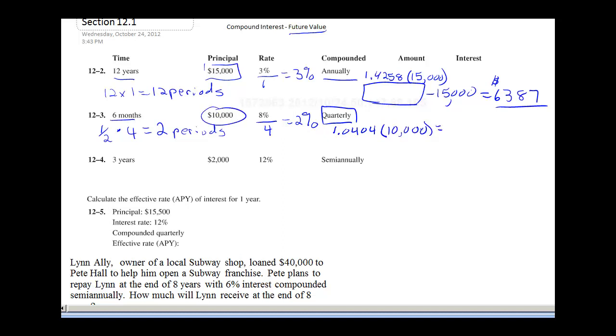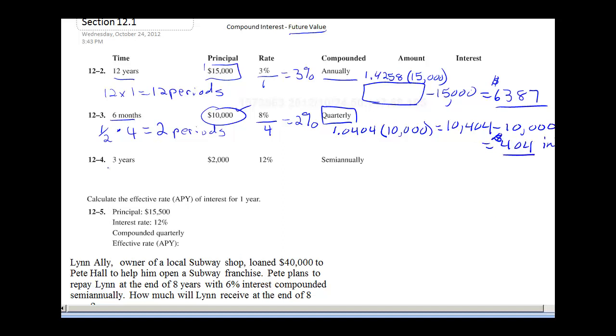And we find out that we'll end up with, at the end of 6 months, a total of $10,404. And since we originally invested $10,000, if we subtract that from the amount that we end up with, it'll give us the interest. So our interest is $404.